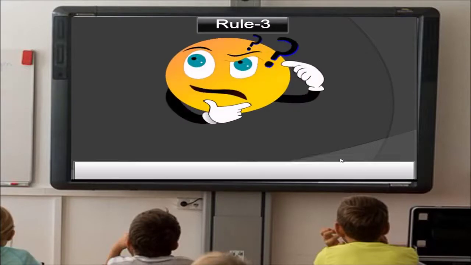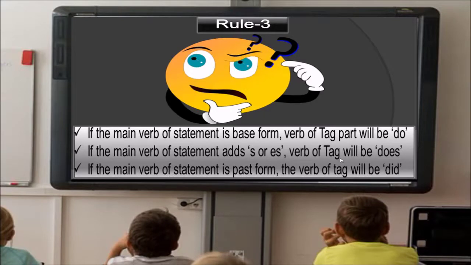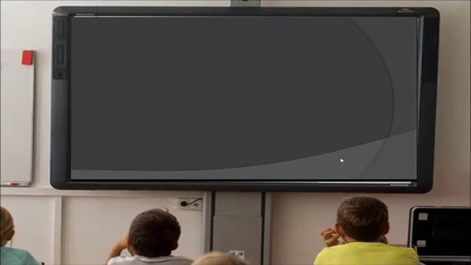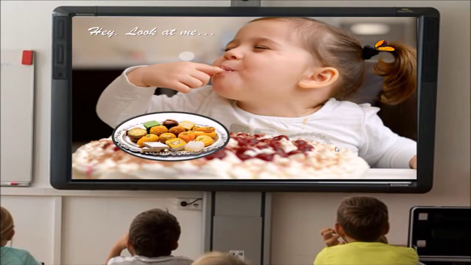Number 3: if the main verb of a statement is base form, the verb of the tag part will be do. Similarly, if the main verb of a statement adds s or es, the verb of the tag will be does. And if the main verb of a statement is past form, the verb of the tag will be did. Look at, hey, look at me.